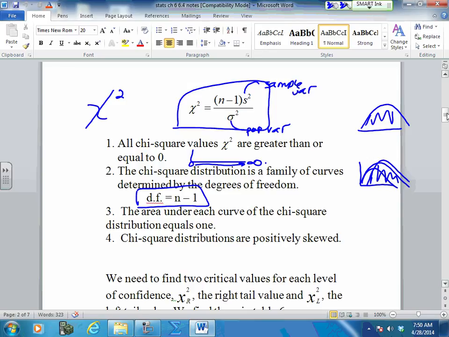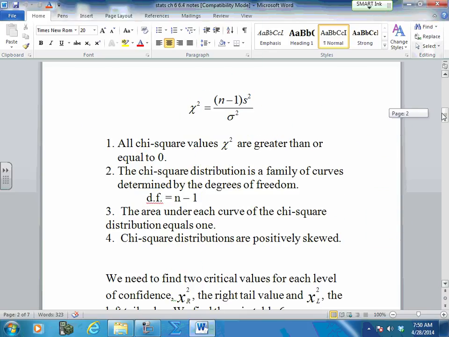Their tail goes to the right. The higher part is to the left, and they come out like this. They're positively skewed to the right. Do you have to know that part of it? No, but you should know that it's equal to 1. You need to know this, and you need to remember that they're always positive. They're always in, like, quadrant 1, if you will. Okay?